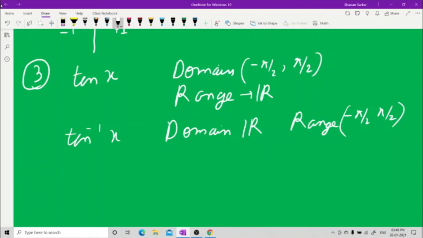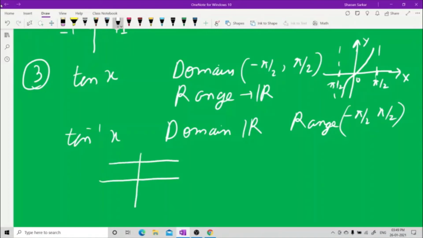Now see the graph of tan x. This is minus pi by 2, this is 0, and this is pi by 2. This is your x-axis, this is your y-axis, and I drew lines like this, and it was going somewhat like this. Now, in case of tan inverse x, you need to just draw the same thing here.